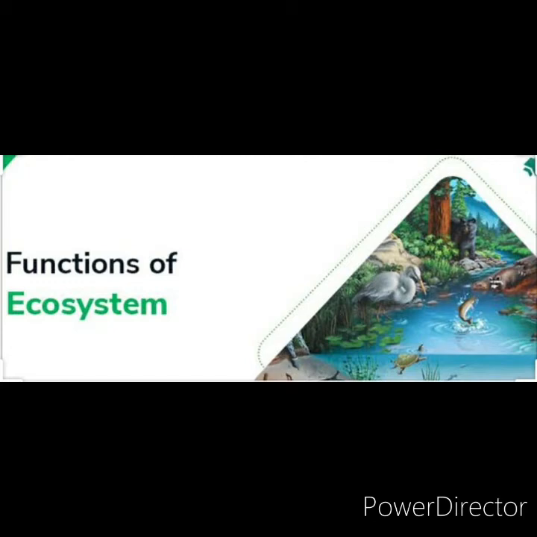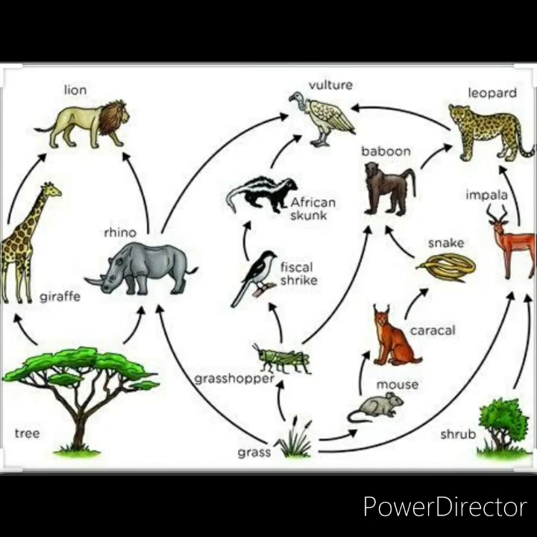Functions of an ecosystem. The living organisms form an interacting set of flora and fauna which are organized into trophic levels, food chains and food webs. Energy flow generally takes place in a hierarchical order in an ecosystem through various levels.